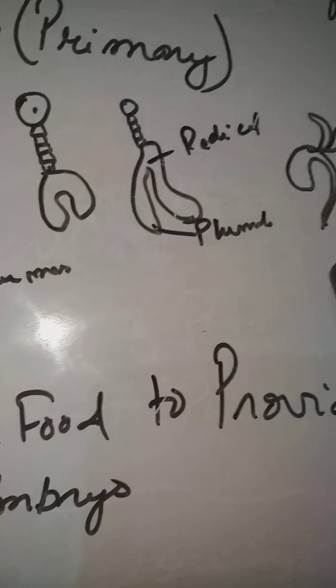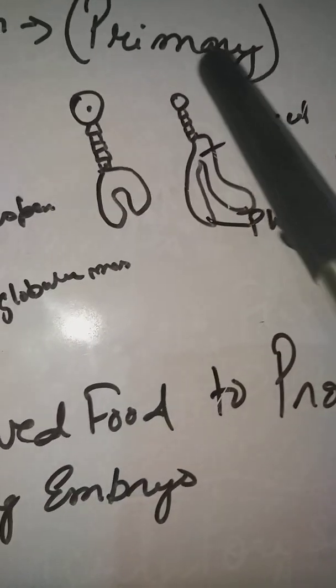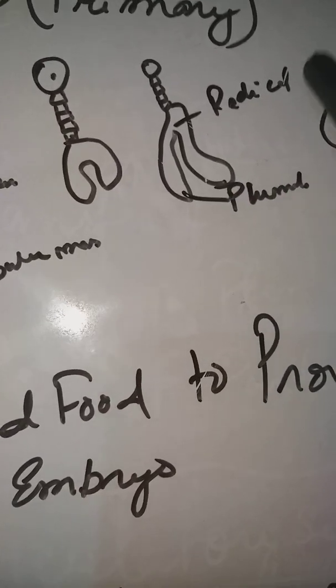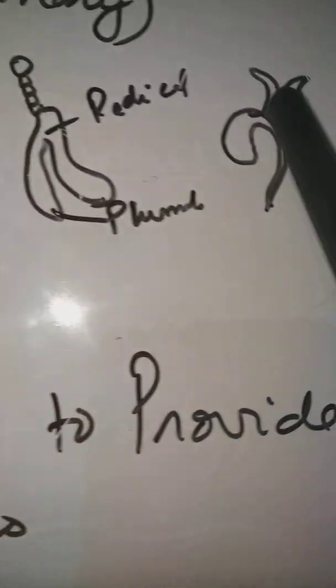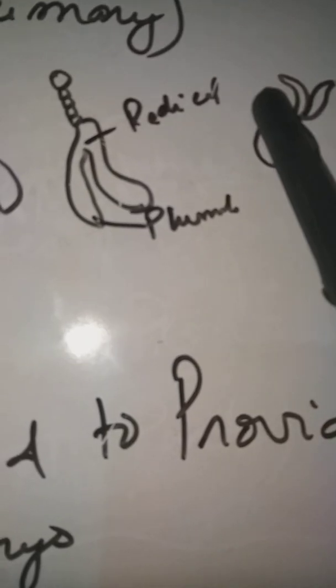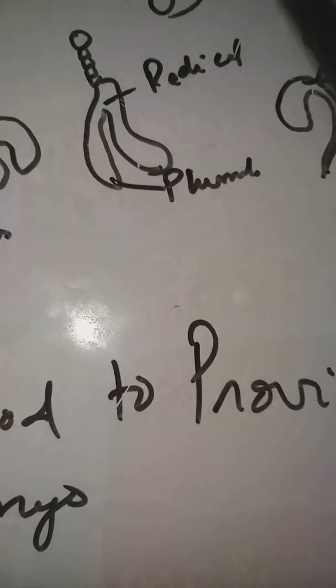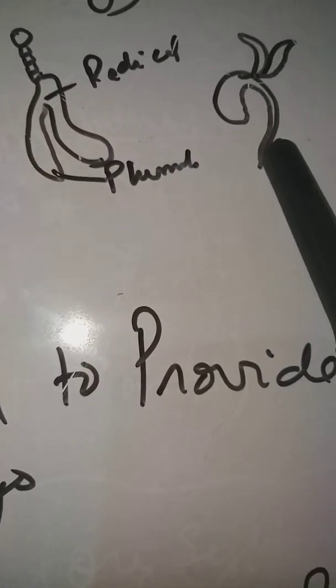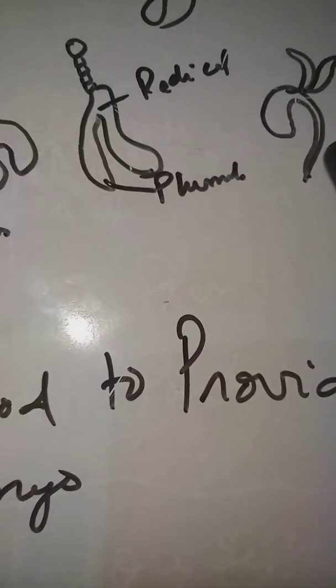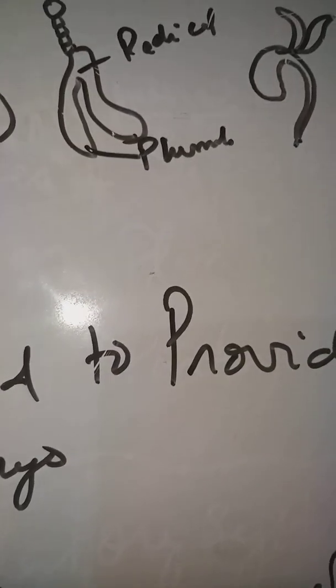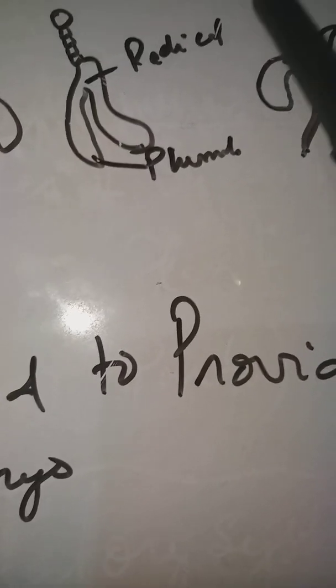I'll show the diagram; now it appears straight to make you understand, but actually it is this type of structure. Once it happens like this, this plumule gives rise to the shoot structure, and this radicle goes down and forms the root structure. This radicle and plumule is completely a dicot thing.